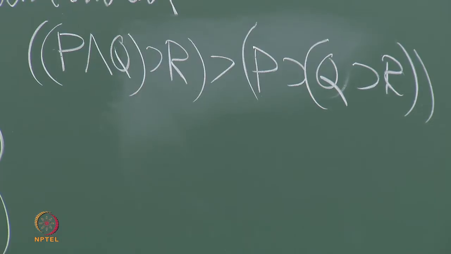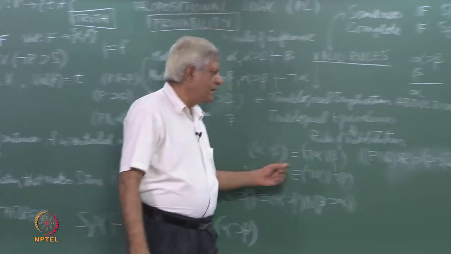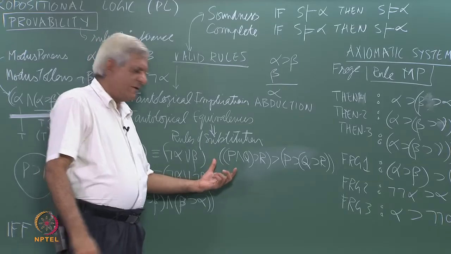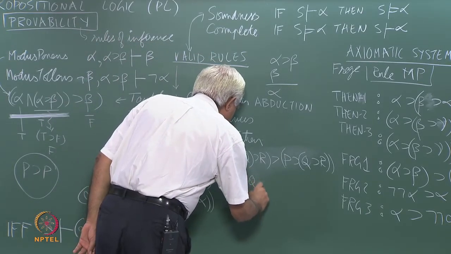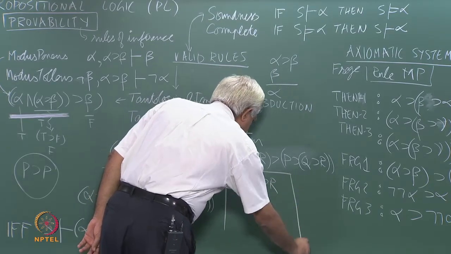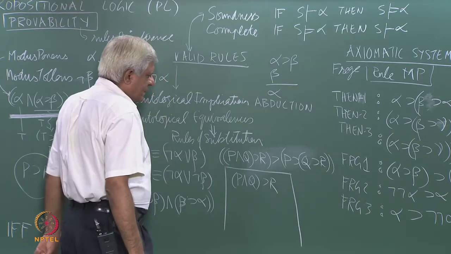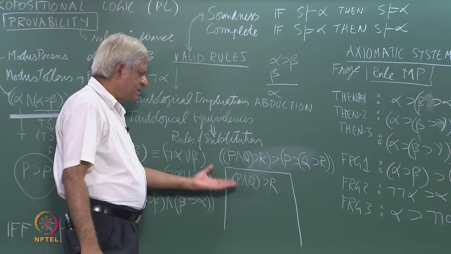Supposing I want to show that this is a tautology, then one way of proving things is to assume the left hand side. So, I assume P and Q implies R, and in some sense put it in a box. So, everything that follows within the box is based on this assumption.